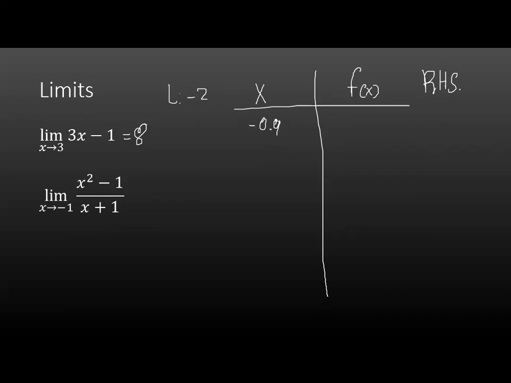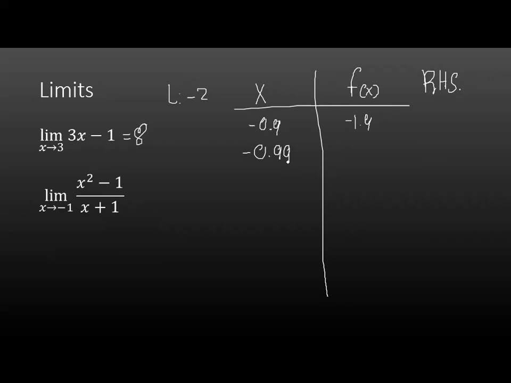So let's substitute negative 0.9 into negative 0.9 squared minus 1 all over negative 0.9 plus 1. Here we will have negative 1.9. So let's make it even closer to negative 1: negative 0.99.